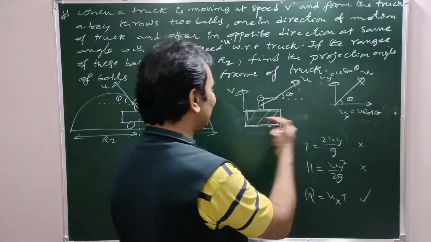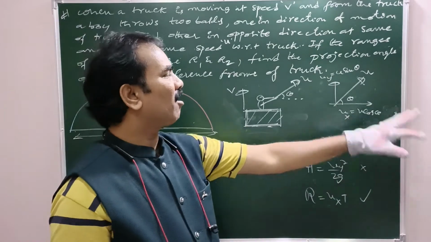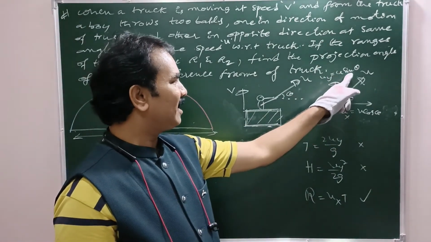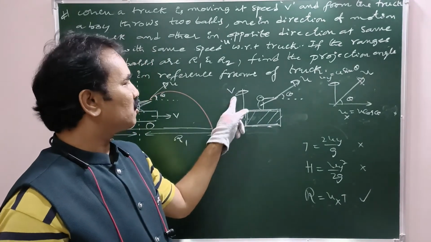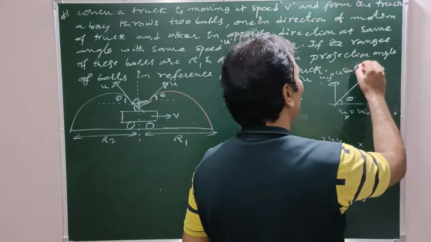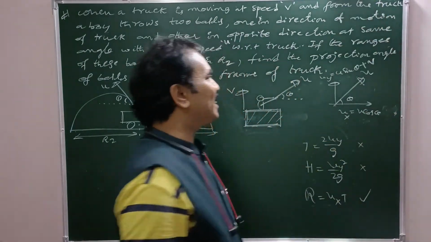There is no horizontal velocity for the reference frame, so simply u cos theta. Now what about the vertical component? That is u sin theta plus v also. v means upwards. So u sin theta plus v. We have to include the velocity of the frame in that direction.